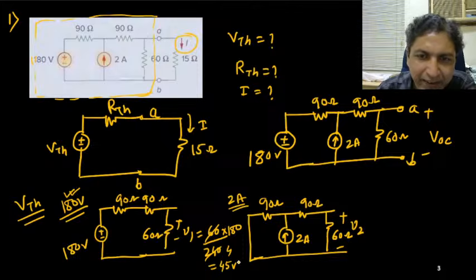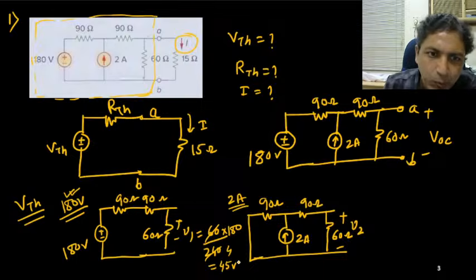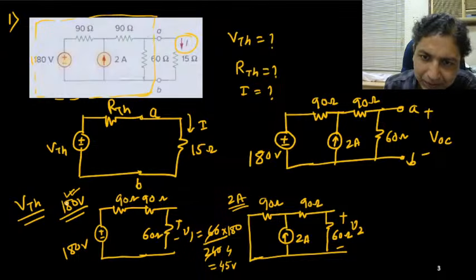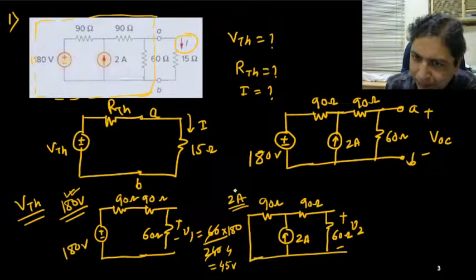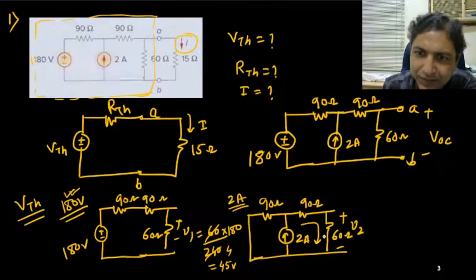So I am not writing any equations, nothing. Just I am using the superposition principle. I am considering 180 volts source one at a time, and next time I will be considering 2 ampere current source one time. So can you let me know what is the current through this side?